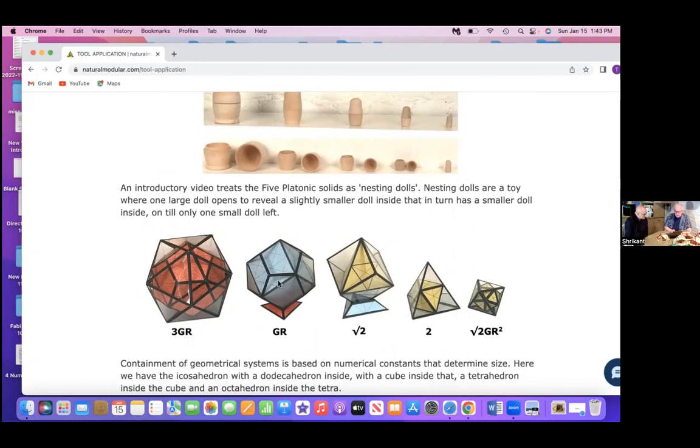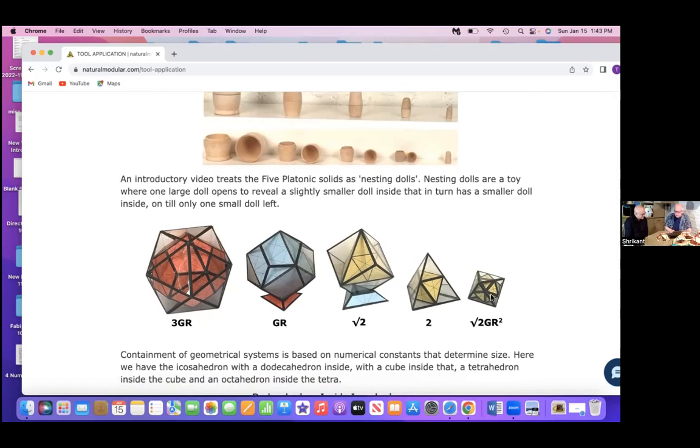The cube in the dodecahedron is the golden ratio. The tetrahedron inside the cube is the square root of 2. The octahedron inside the tetrahedron is 2. And then it repeats. So the icosahedron inside the octahedron is the square root of 2 times the golden ratio to the 2nd power. Whatever the edge is, you multiply it by this number.